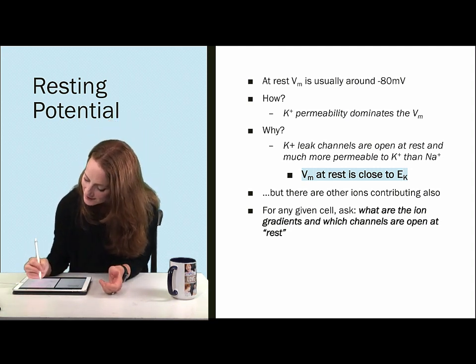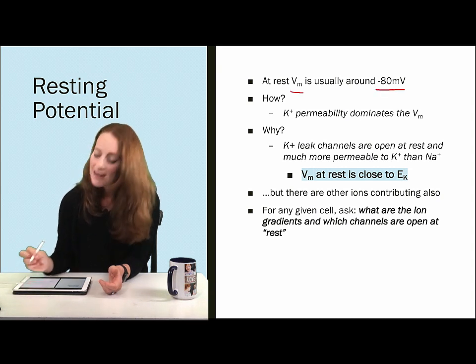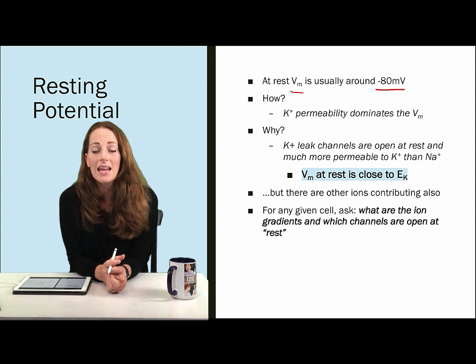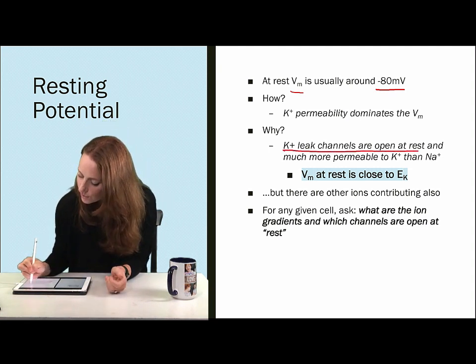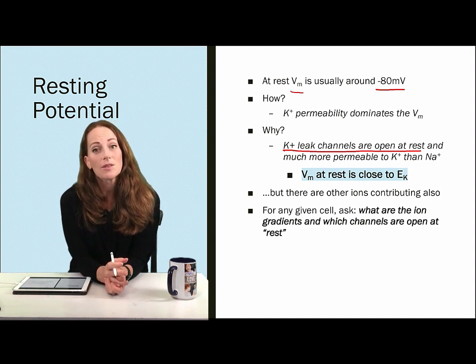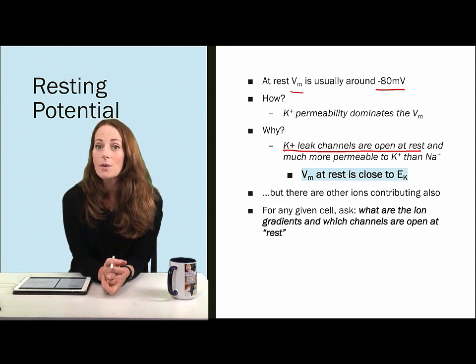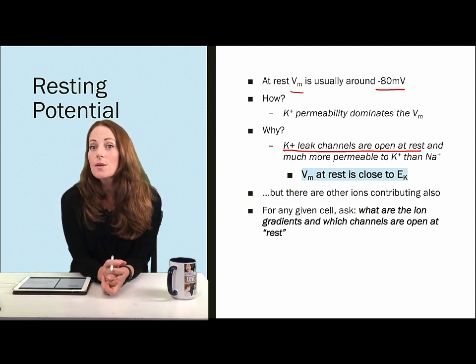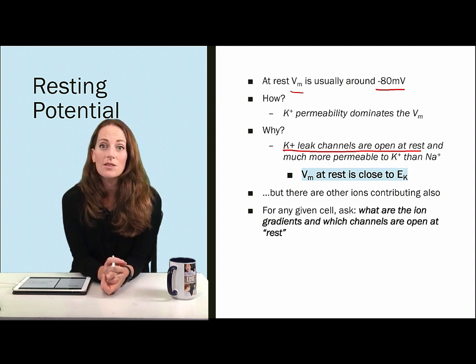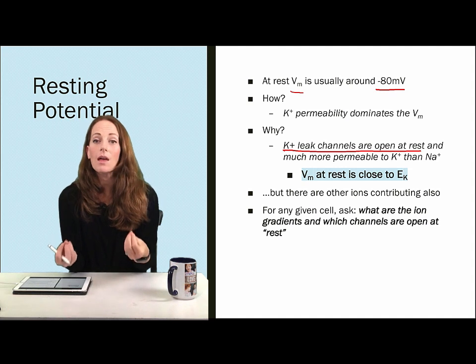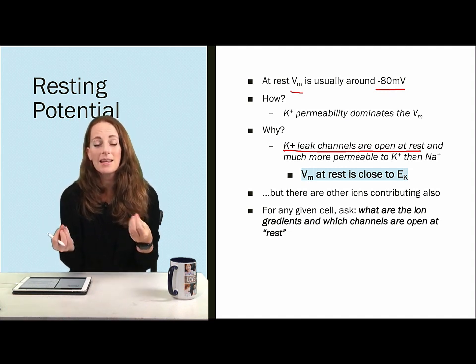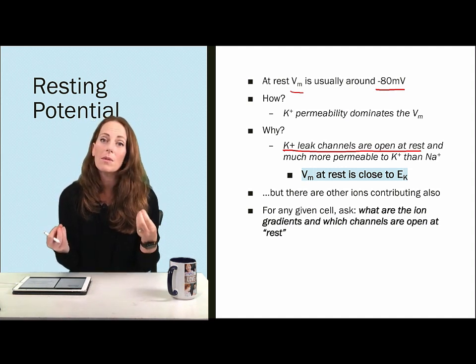Did you notice that at rest, the membrane potential is very negative, minus 80 millivolts? The potassium leak channels are open at rest and much more permeable than sodium channels. So that means that potassium is driving the membrane potential towards its own equilibrium, towards that minus 94 millivolts.